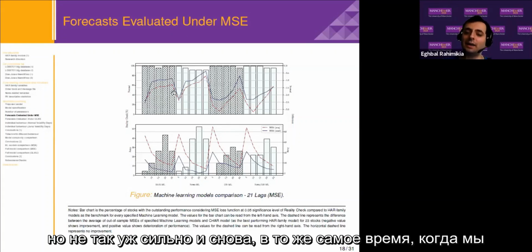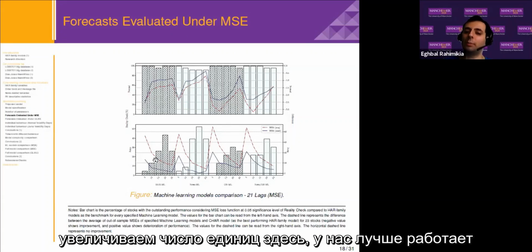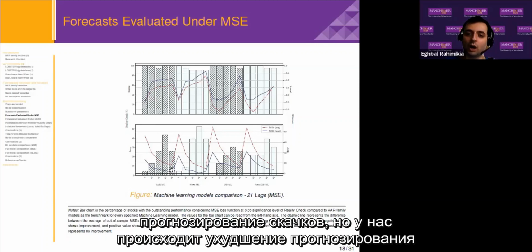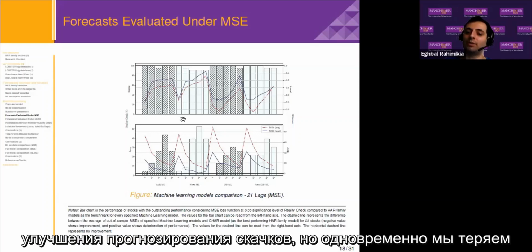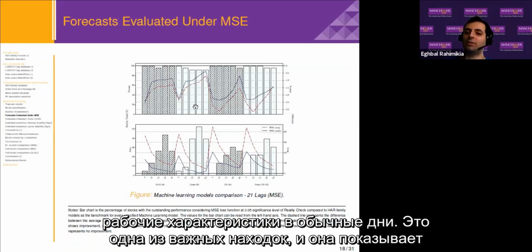And again, when we increase the number of units, we have improvement in forecasting performance for jumps, but degradation in the forecasting performance for normal days. So there is a trade-off here. We can add more units to improve the forecasting performance for jumps, but at the same time we lose performance for normal days.